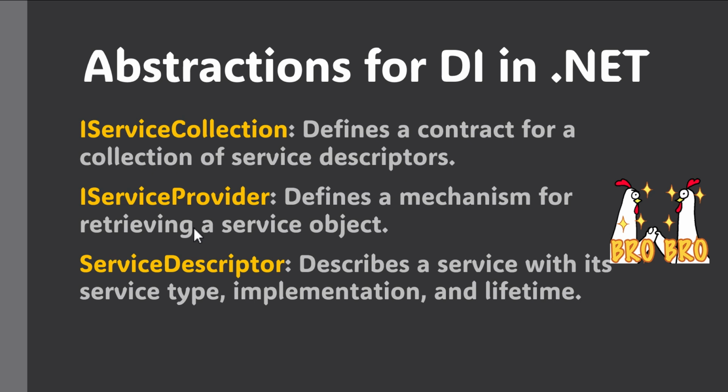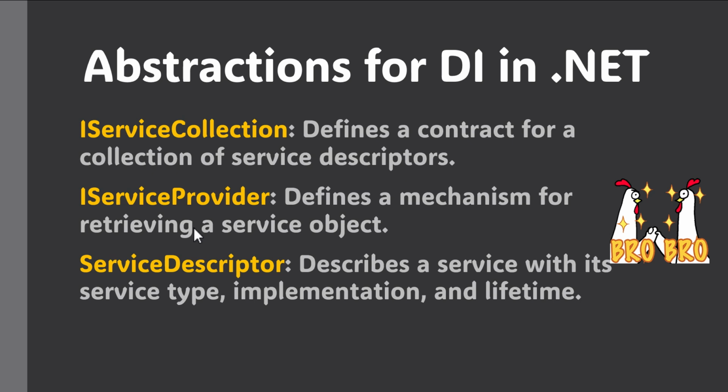All the DI implementation is based on three classes or interfaces. The first is IServiceCollection, which maintains a list of the services we registered, including their lifetimes, and anything related to our registered services.